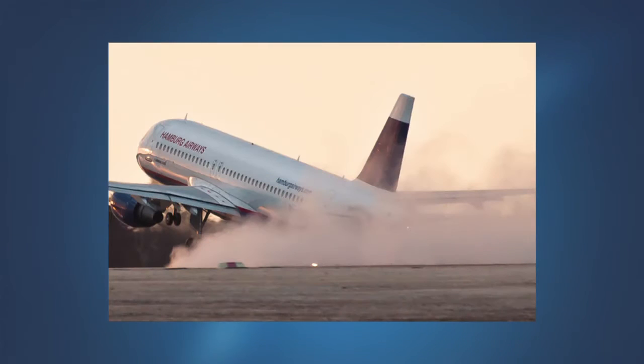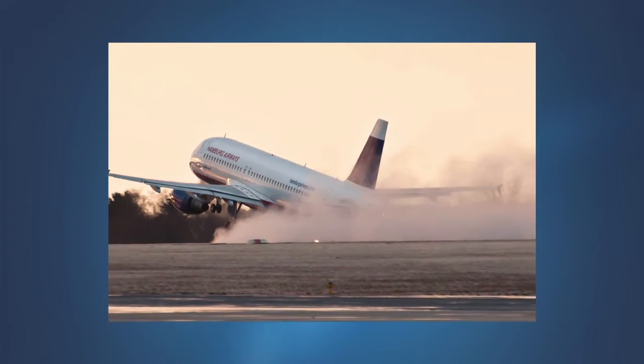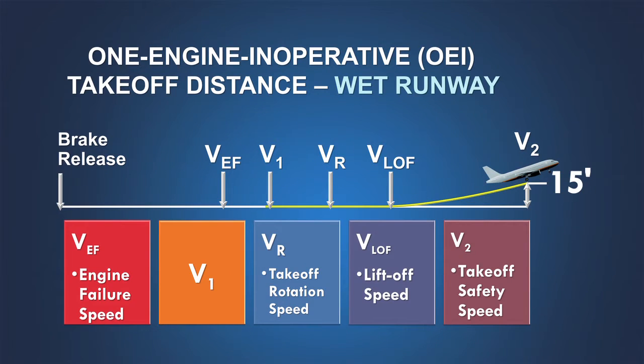For airplane types certificated after 1998, when taking off from a wet runway, the takeoff distance will be the longer of the one engine inoperative takeoff distance to a height of 35 feet above the takeoff surface, if the runway is dry, or the one engine inoperative takeoff distance to a height of 15 feet above the takeoff surface, if the runway is wet.